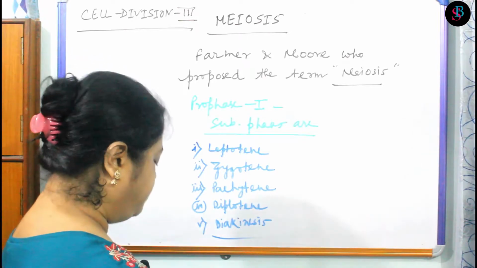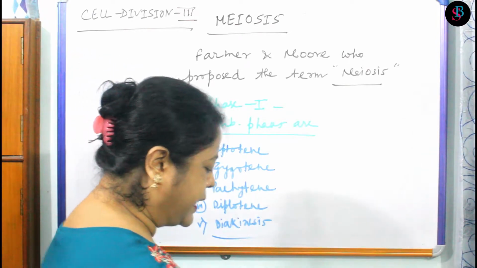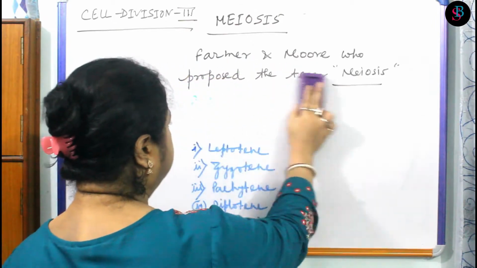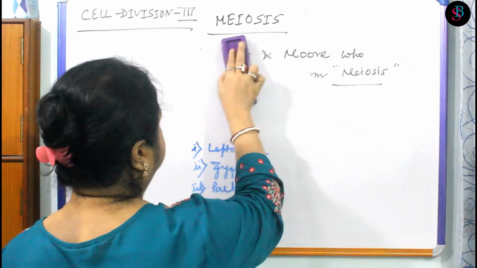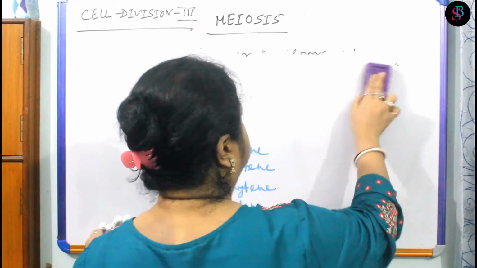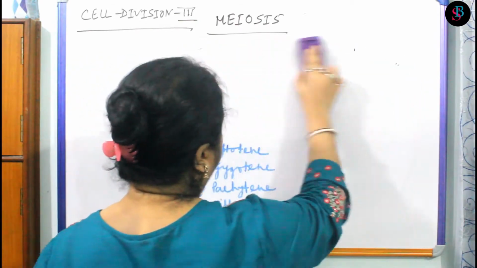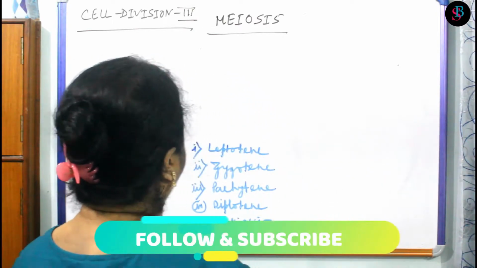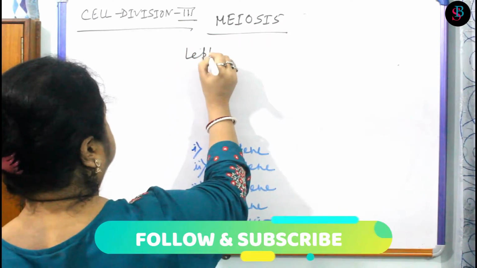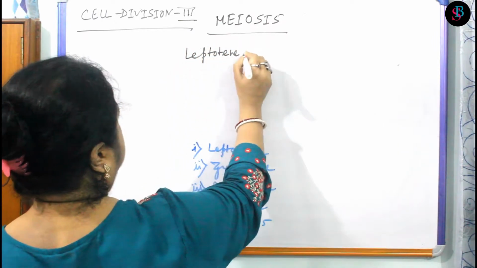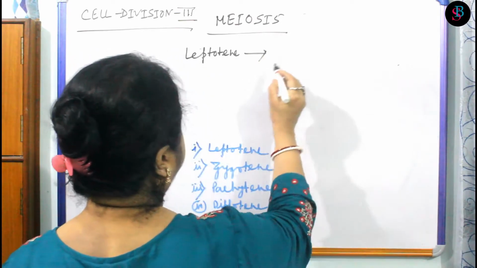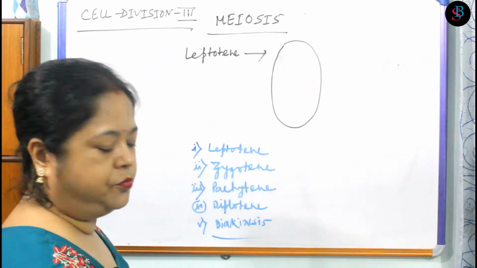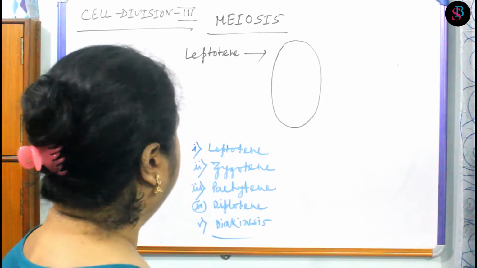Now in Leptotene what happens? I am giving those diagrams. Observe very attentively. I have already told you, but this is very important for your board exam as well as for the competitive. क्या है इसमें? What will happen? This is the nucleus and the chromosomes will be like this, or you can say the cell.